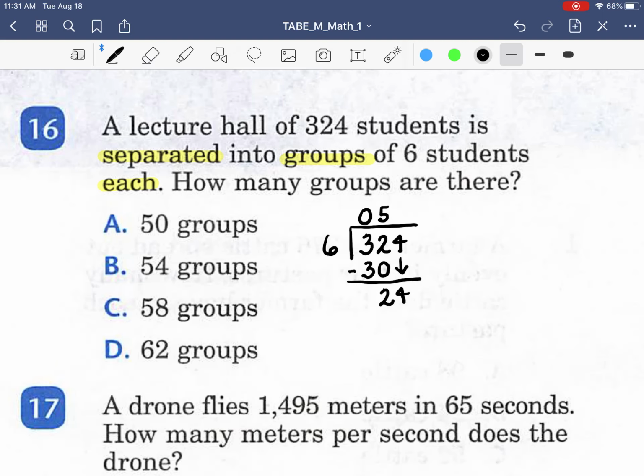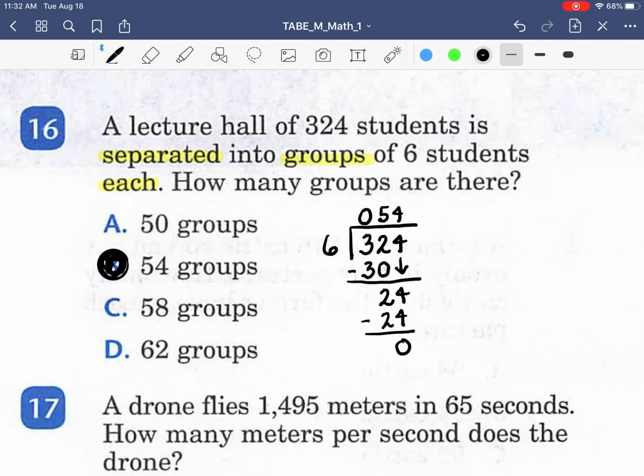So you're starting over. And I literally teach students when they're starting over to make a fist and then start again. So you have 6, 12, 18, 24. That's 4 times. So there are 54 groups in this lecture hall.